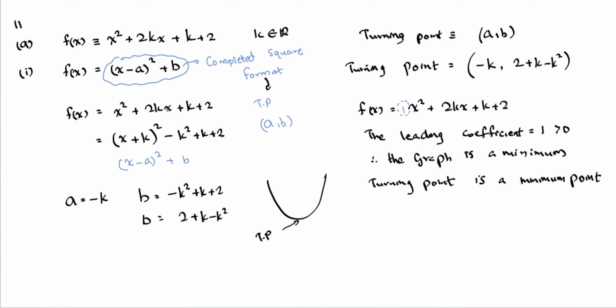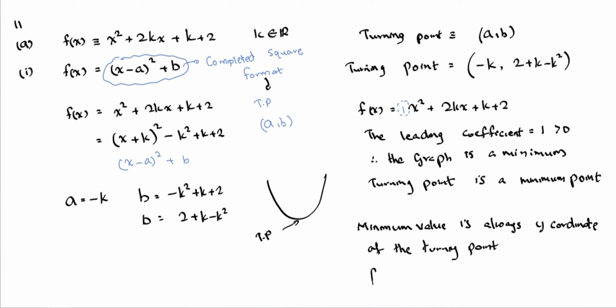Then find the minimum value of f(x) in terms of k. You all know that when you have a function, the minimum value will always be the y coordinate of the turning point. Minimum or maximum. Minimum value is always the y coordinate of the turning point.